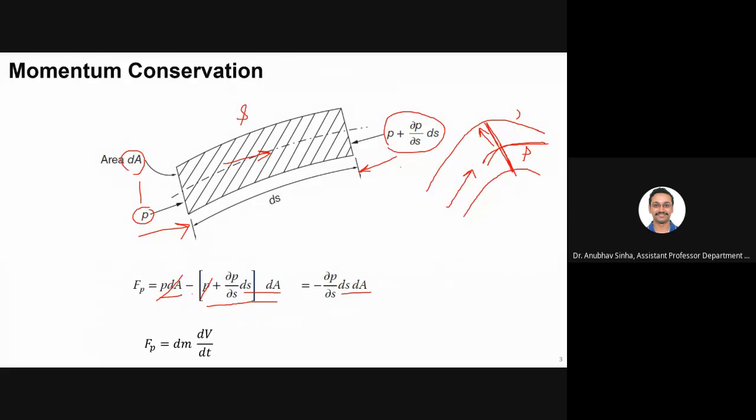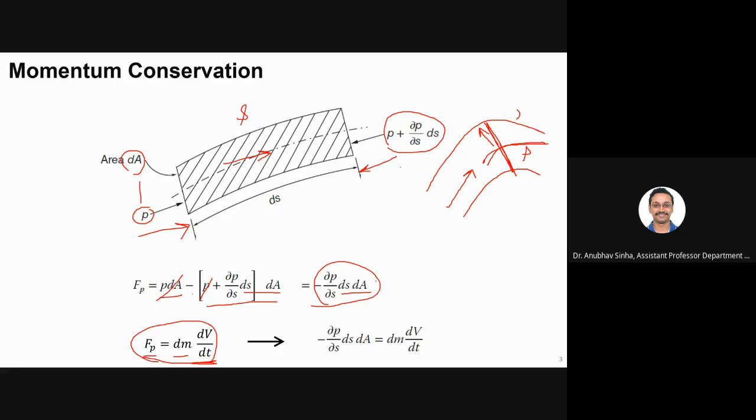Further, if you look at Newton's second law, whatever the net unbalanced force applied on a particular mass, F is equal to ma, mass into, let us say this mass is dm, and dv by dt is your acceleration. So this is basically Newton's second law written for this fluid, and we know the net unbalanced force.